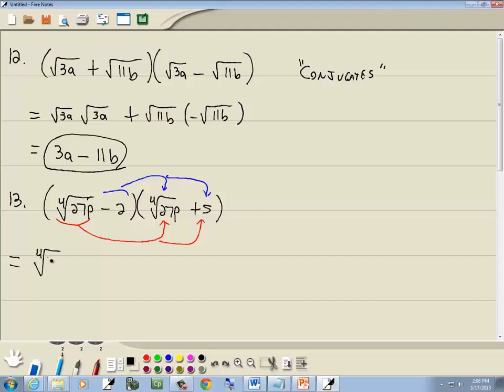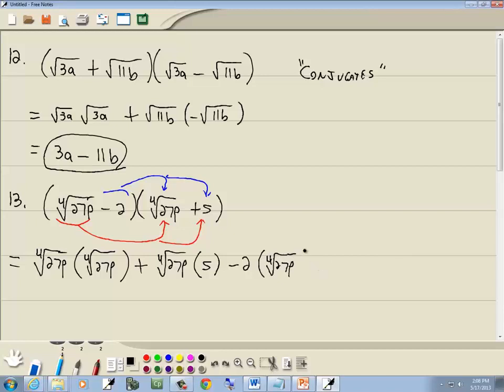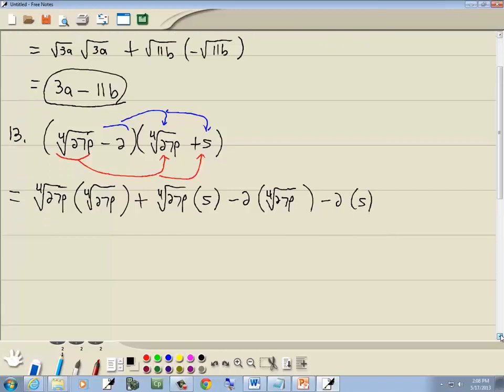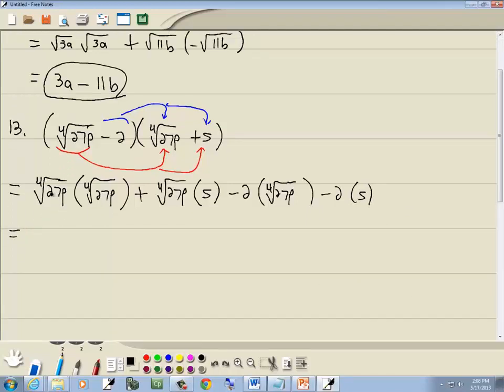So we've got the fourth root of 27p times the fourth root of 27p. And we got the fourth root of 27p times 5. Then minus 2 times the fourth root of 27p. And negative 2 times 5. Foiling, if you'd have it that way. Now I might be tempted to think that this radical times this radical is 27p, but that only applies when you got a square root.